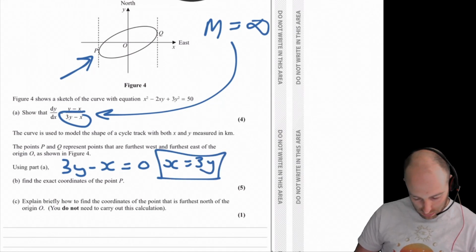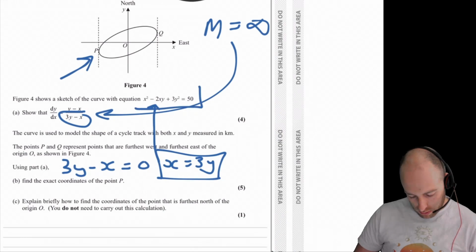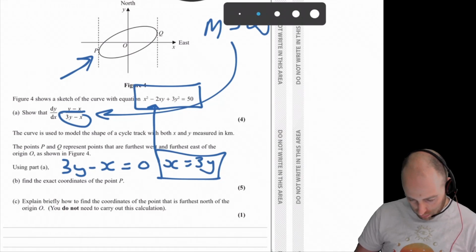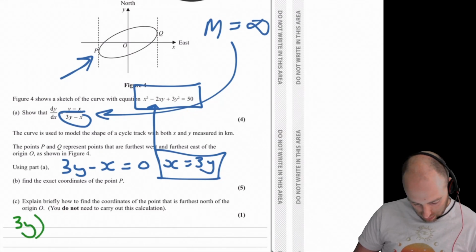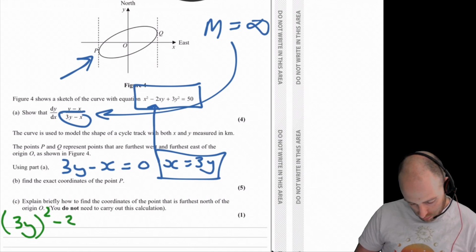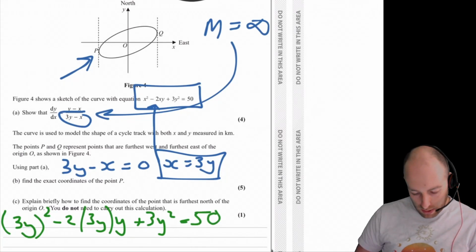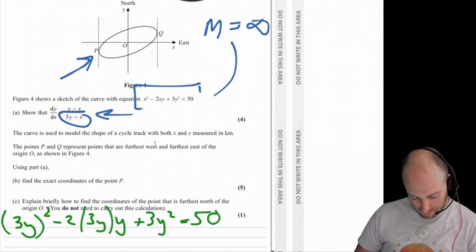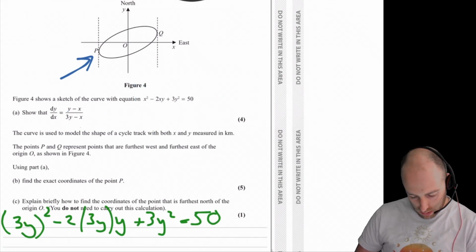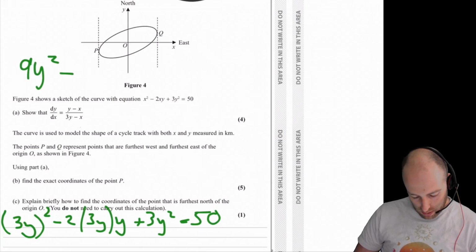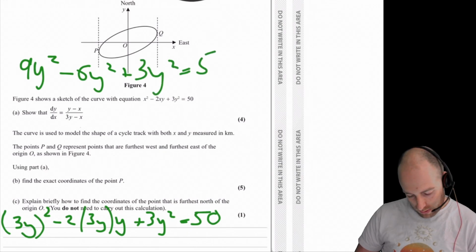Then we sub that back into the original equation to find x and y. Everywhere it says x, I'm going to write 3y. So you get (3y) squared minus 2 times 3y times y plus 3y squared equals 50. Expand all of that: 9y squared minus 6y squared plus 3y squared is 50.